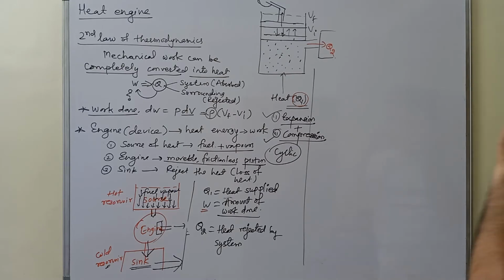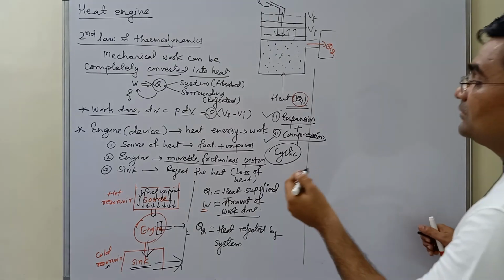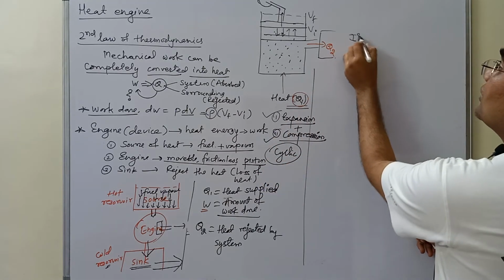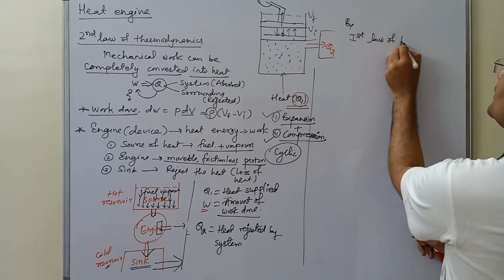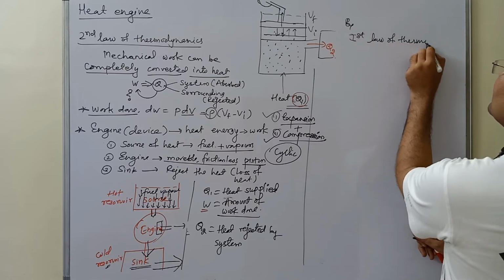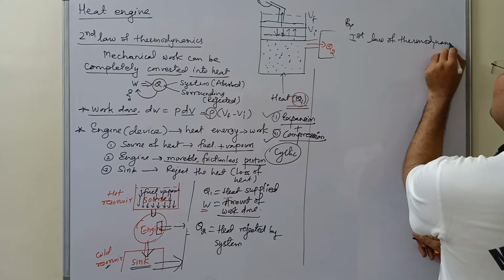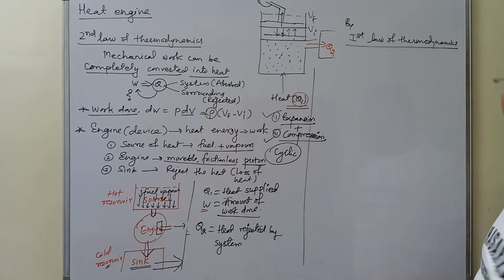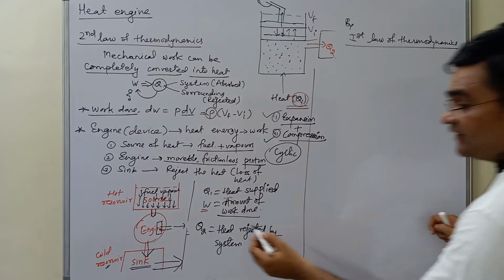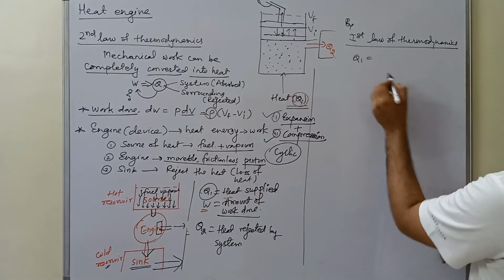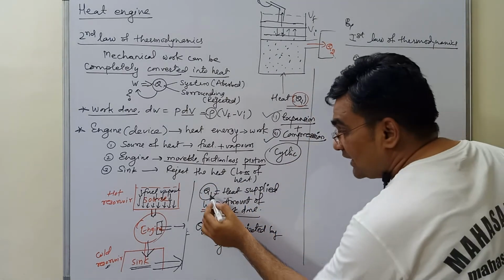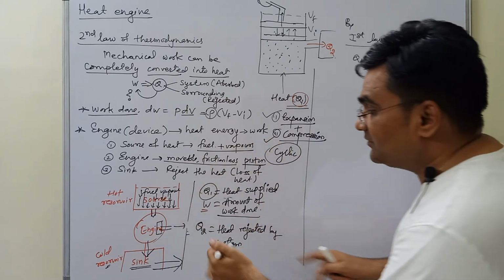नाउ आता इथं if I use first law of thermodynamics, by first law of thermodynamics, I said Q1 is the amount of heat. So say Q1 is equal to, that heat is used by the entire system in two parts.